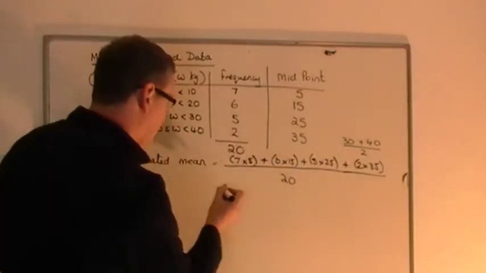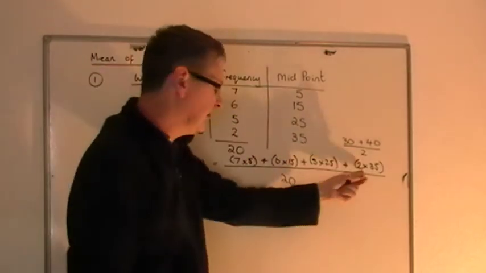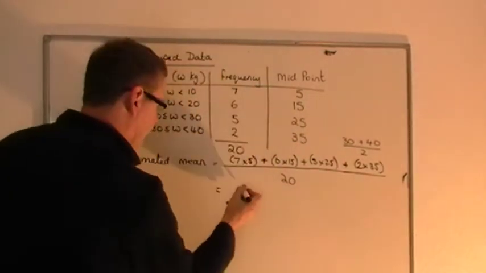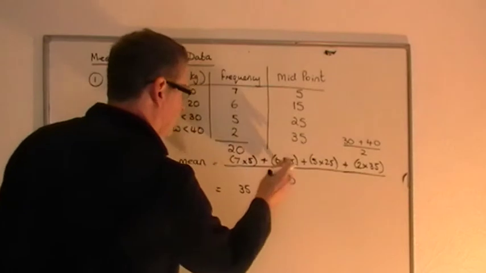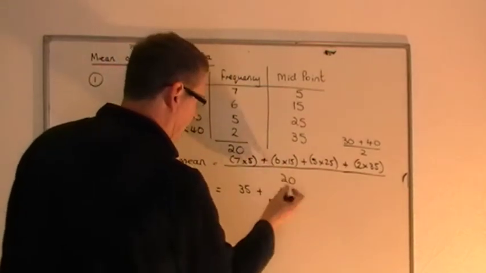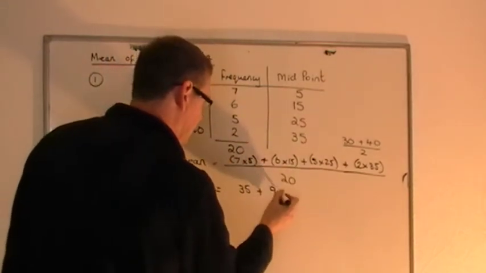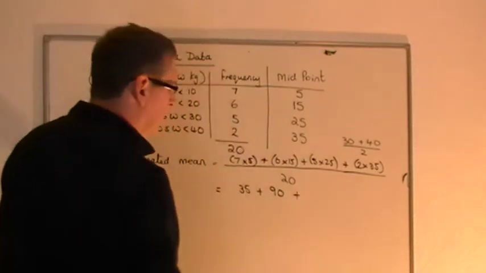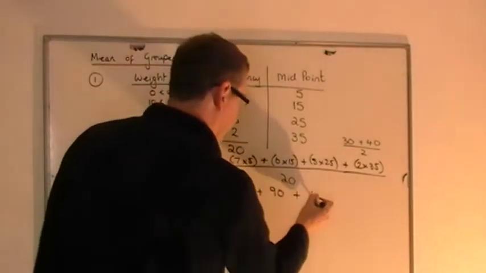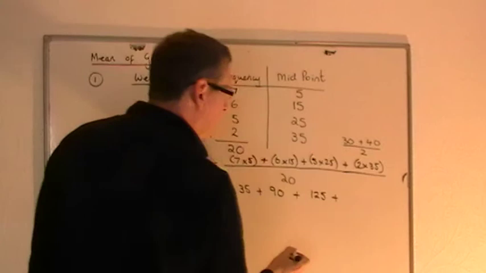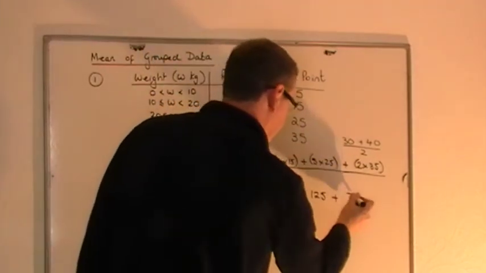So now on the top line, let's work out each one of these brackets individually. 7 5's are 35, plus 6 15's, well 60 and 30 is 90. Plus we've got 5 25's, that's 125. Plus we've got 2 35's, that's 70.